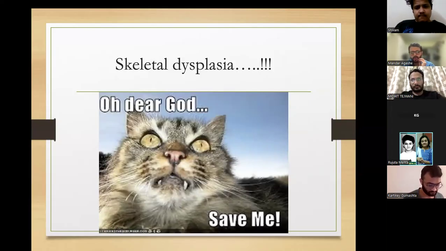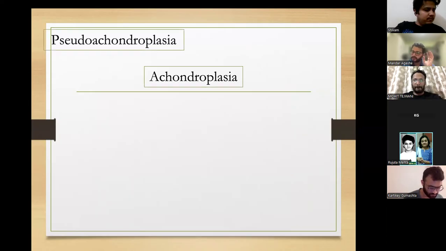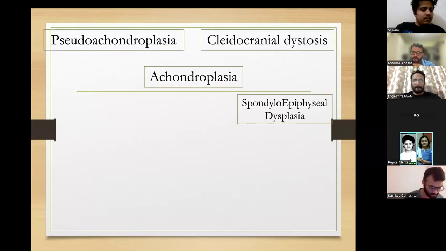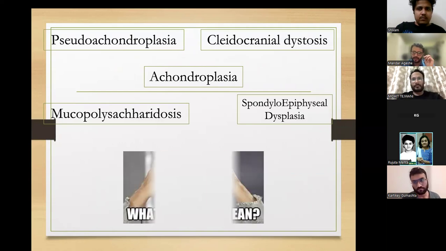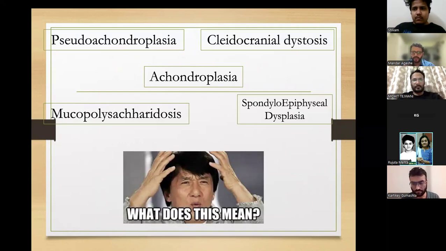If you go to a genetics textbook, there are just 200 types of skeletal dysplasia, and the classifications go on for pages and pages, and new ones keep coming. Common terms thrown about are achondroplasia, pseudochondroplasia, SED, and others. What do these mean?